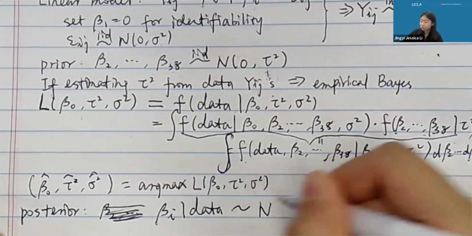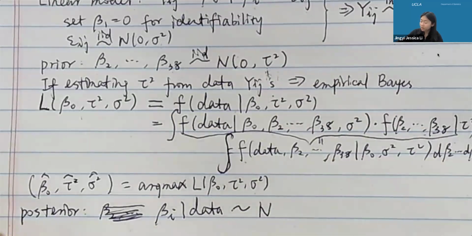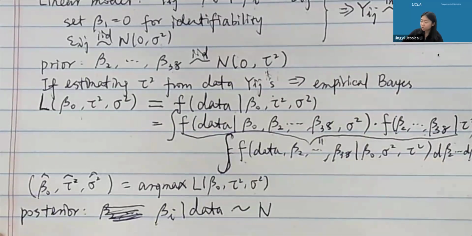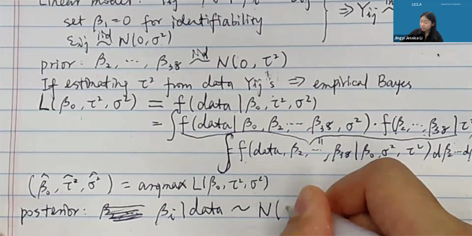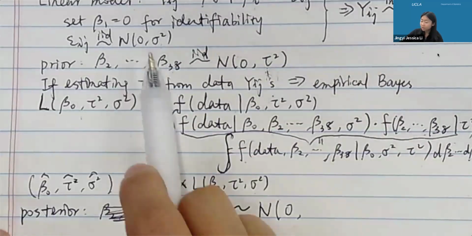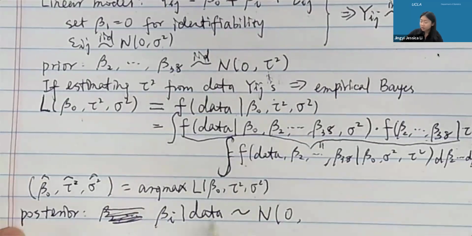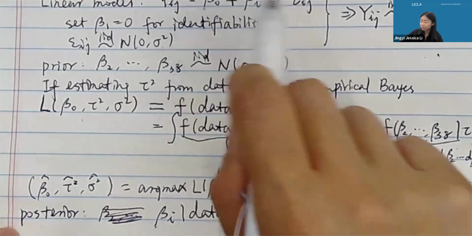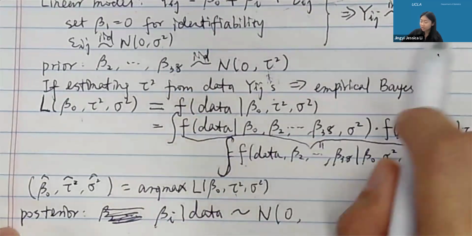It should be a normal distribution, but what should be its mean? What should be its variance? How are we going to update it from here? That's the question I leave for your check. I can tell you the mean is still 0, but the variance needs to be updated by considering tau square from the prior and the variance from the layer of the data distribution.